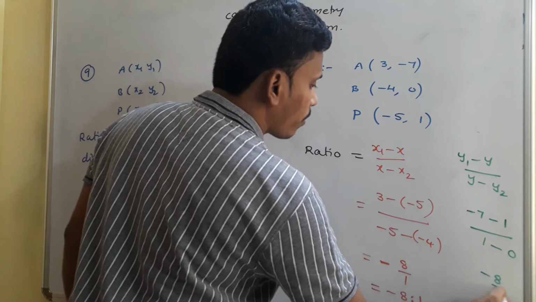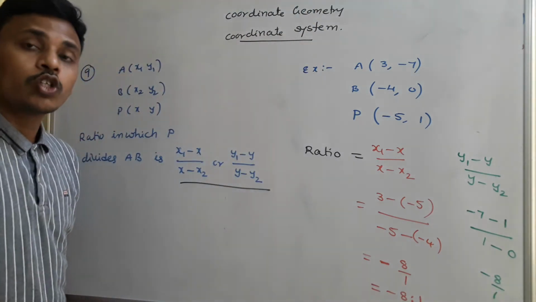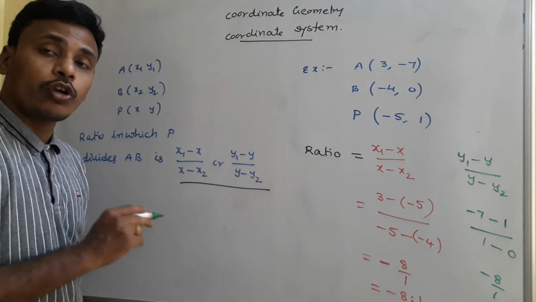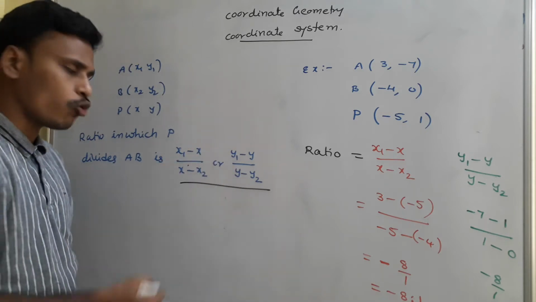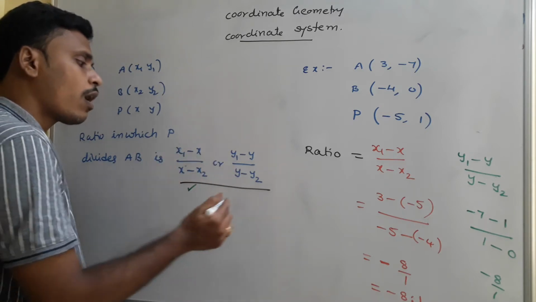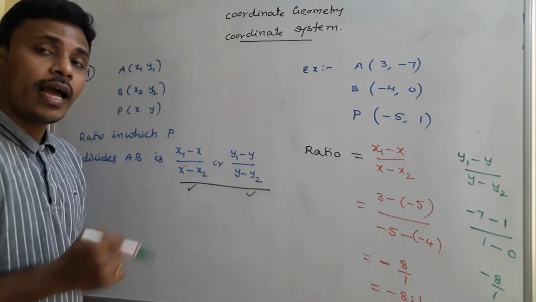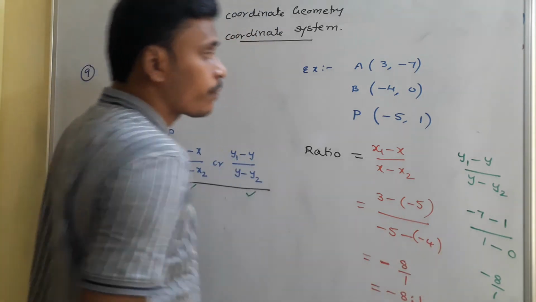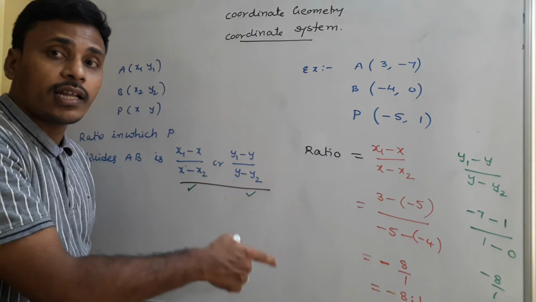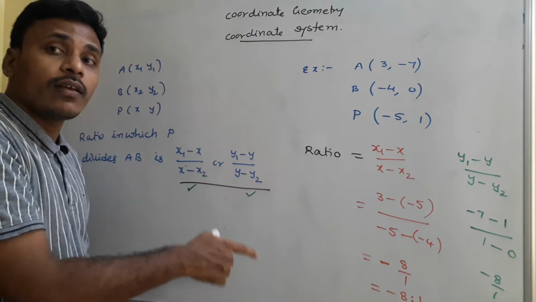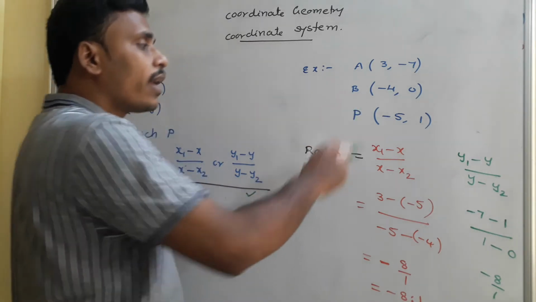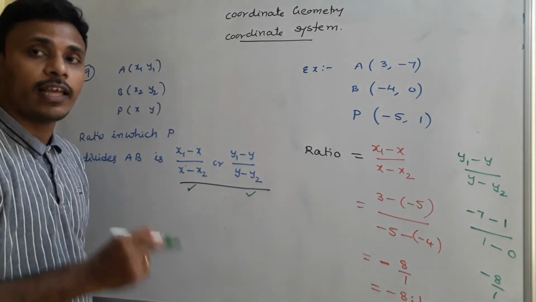Now still you have that minus 8 by 1 as your answer. So each time there is no need to use both the formulas. You may go with x coordinates or with y coordinates. At the end you will get the ratio like this, and since the ratio is negative, it means this P is outside of the line segment AB.